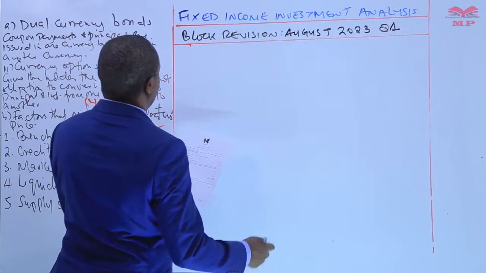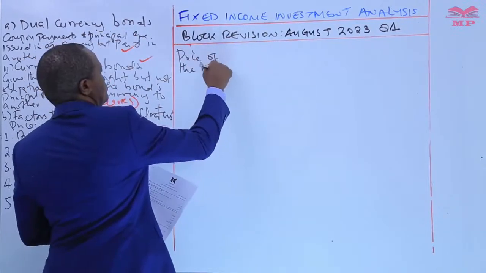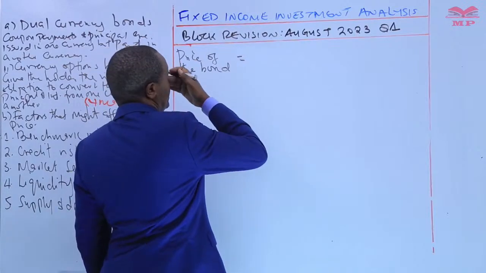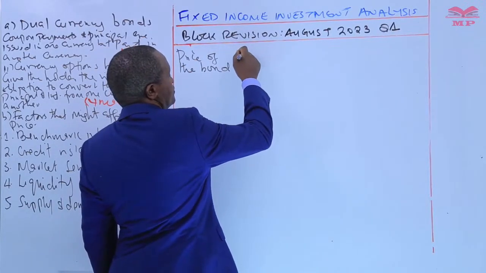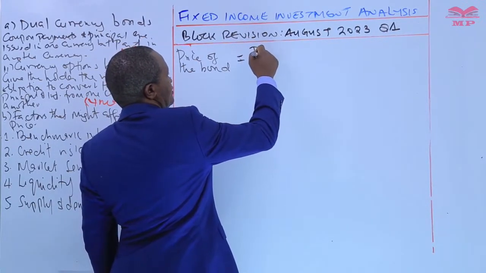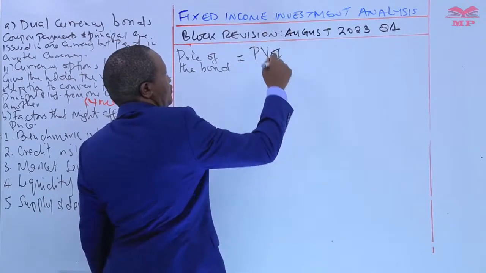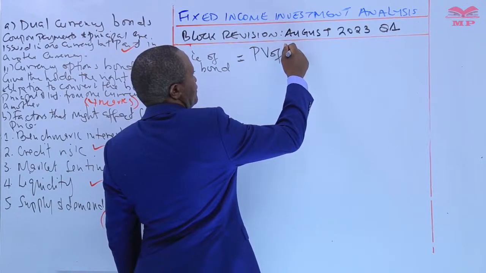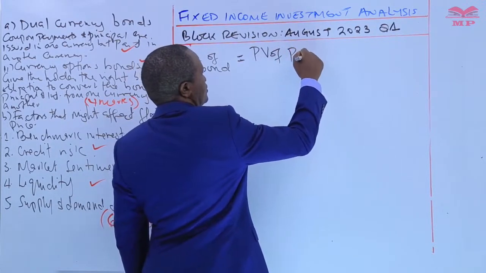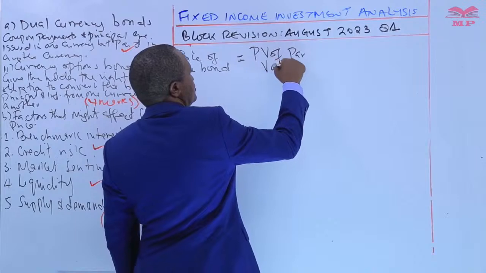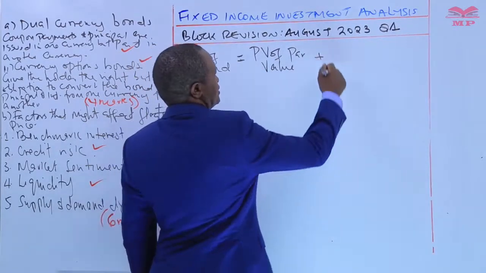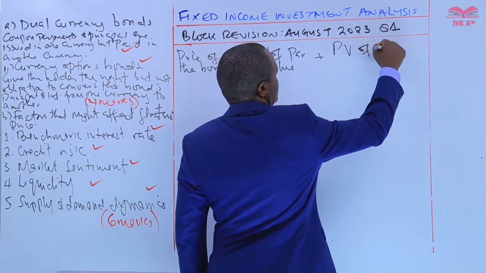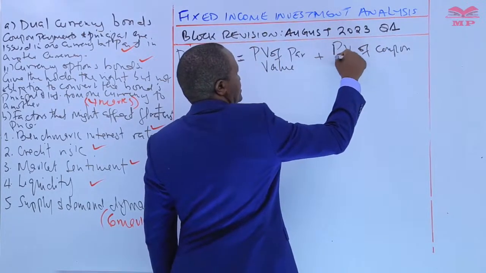If you are to calculate the price of this bond, the price of the bond will be equal to the present value of the par value plus the present value of coupon payments.